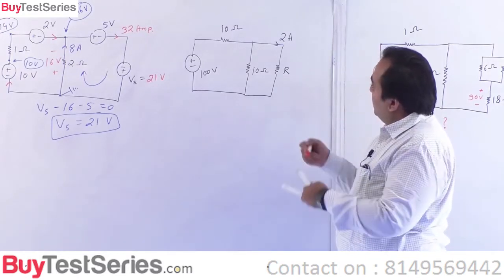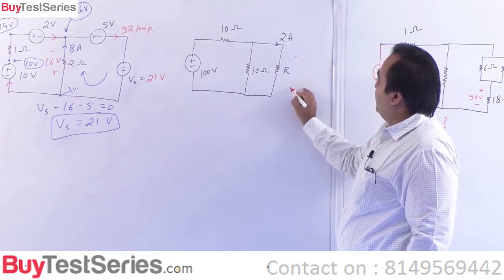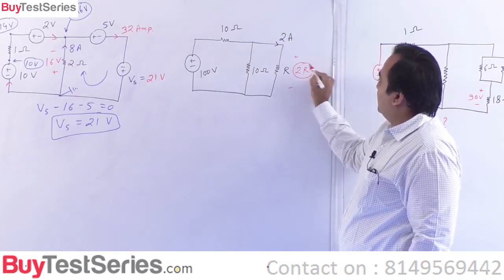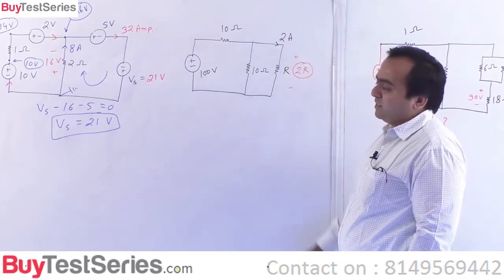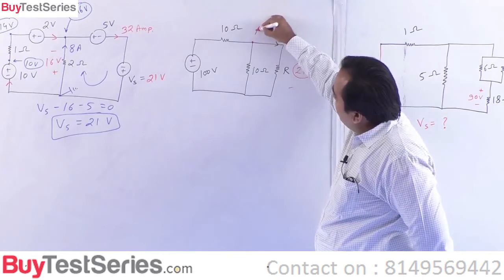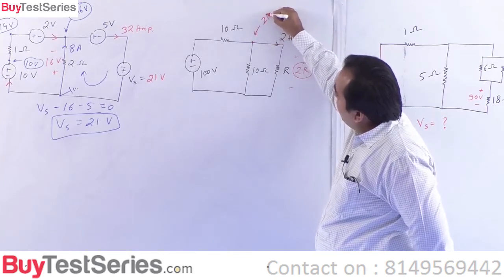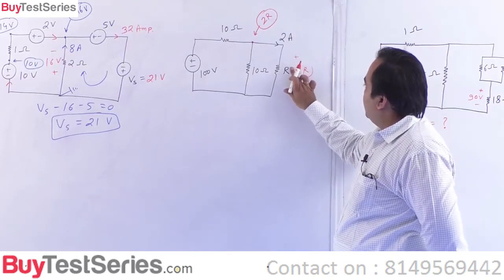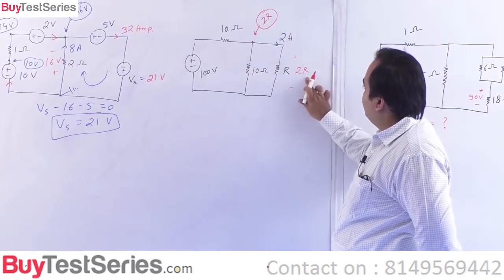So this voltage drop must be what? 2R. This must be 2 into R, the 2R voltage drop. The voltage here is 2R with respect to reference. Since it is a potential difference, let us not encircle it.